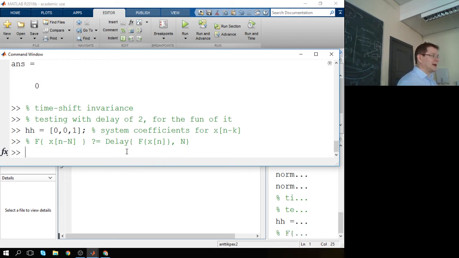N time step delay, or time shift of minus n.